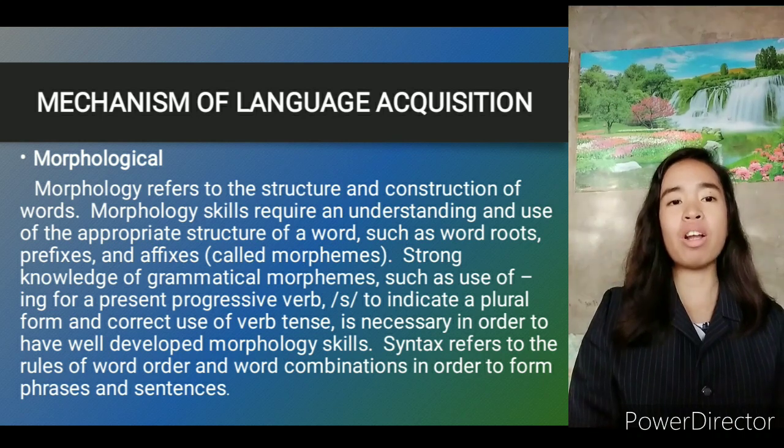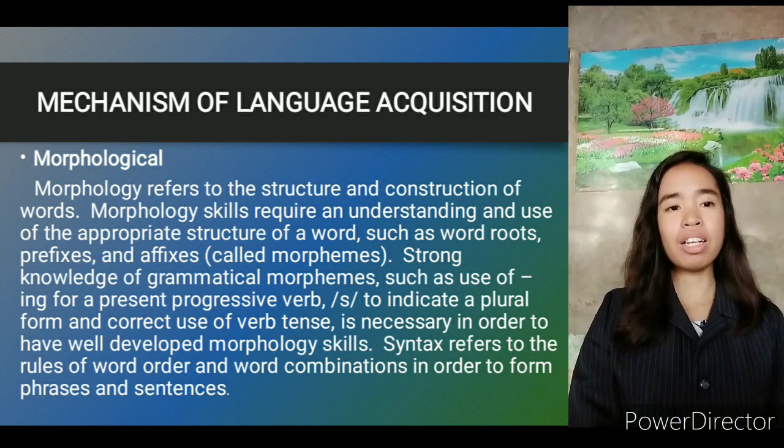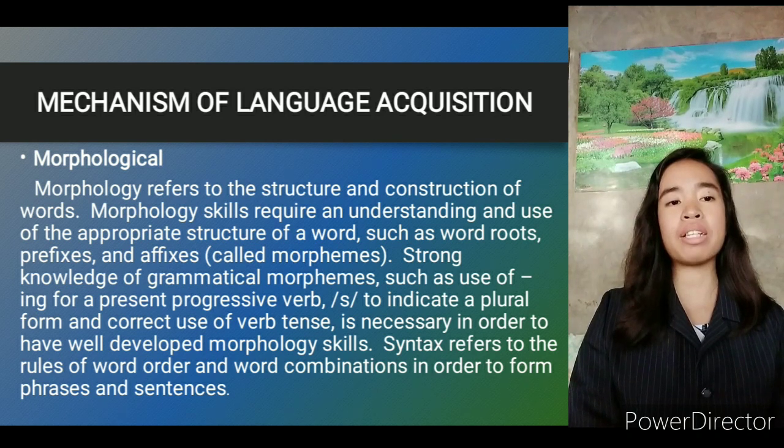Next is morphological. Morphology refers to the structure and construction of words. Morphology skills require an understanding and use of the appropriate structure of a word, such as word roots, prefixes, and affixes, called morphemes.